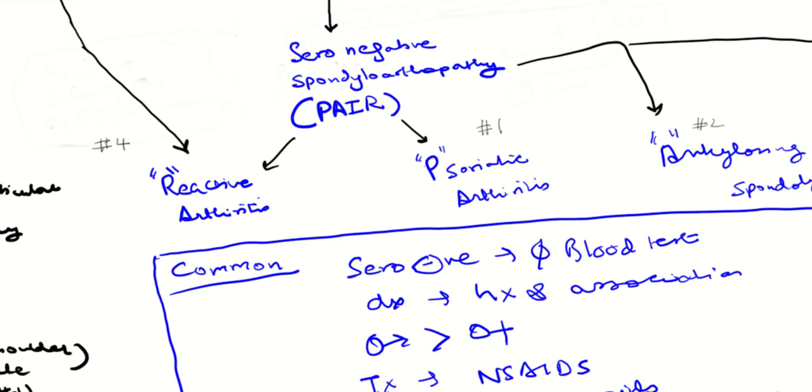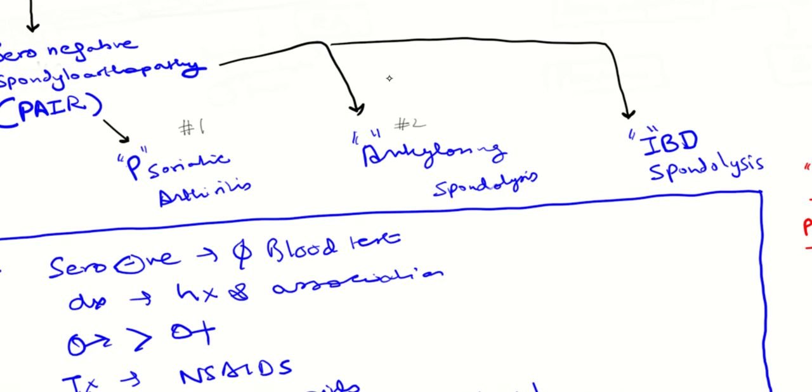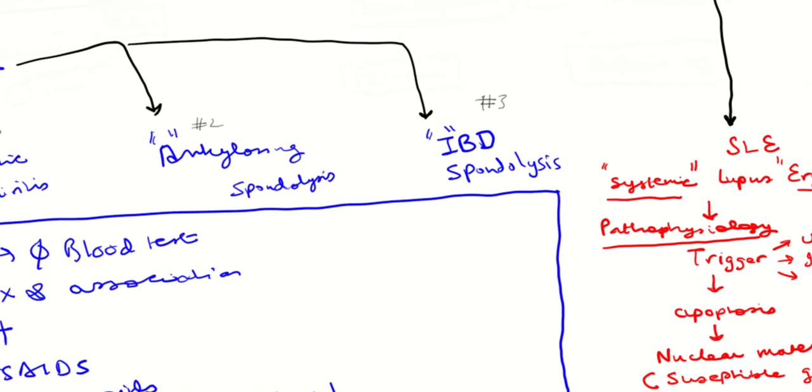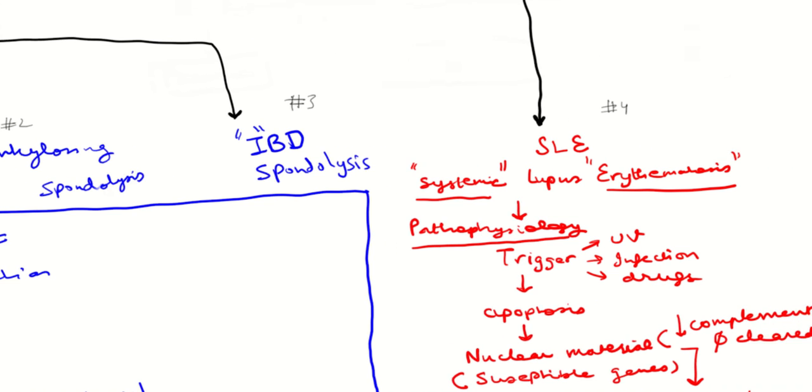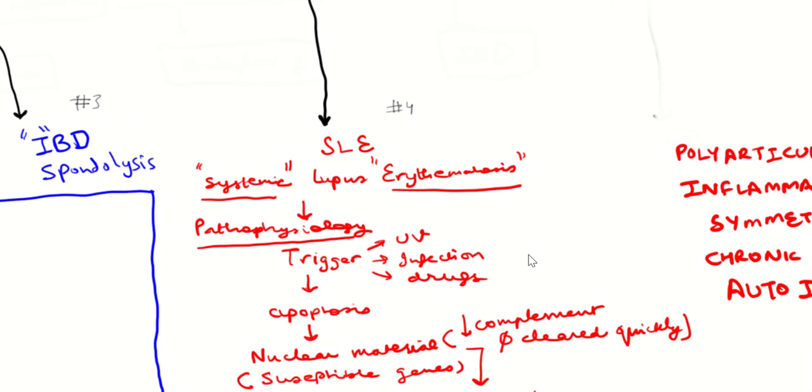That's a different set of pathologies. Inflammatory bowel disease arthritis, lupus, and rheumatoid arthritis.